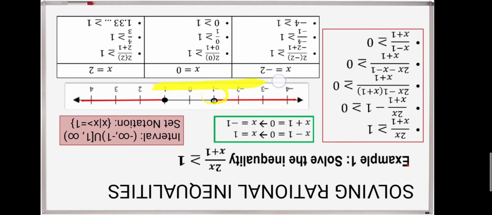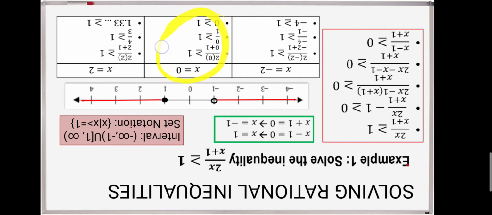Then after that, the number line is divided into parts, and you have to get a value on each part, okay, to test whether that part is included in the solution. So on this part, we use negative 2, and it will make our inequality true. So that is 4 is greater than or equal to 1. Okay. Then on this part, we use 0, and it will make a false statement.